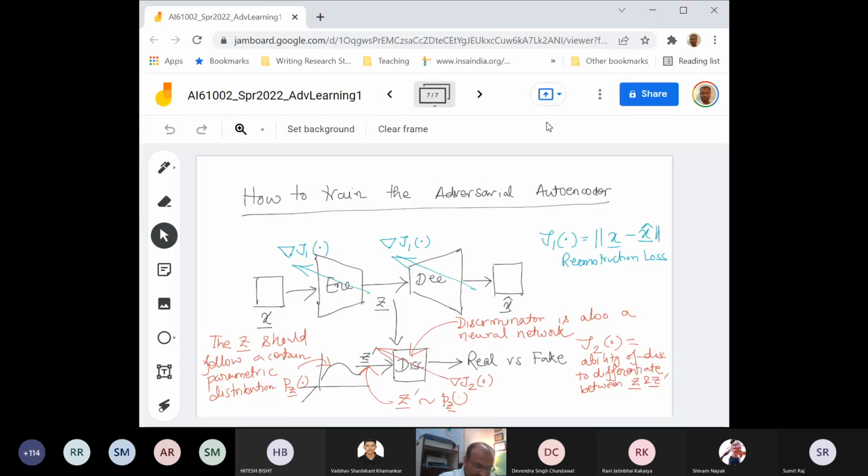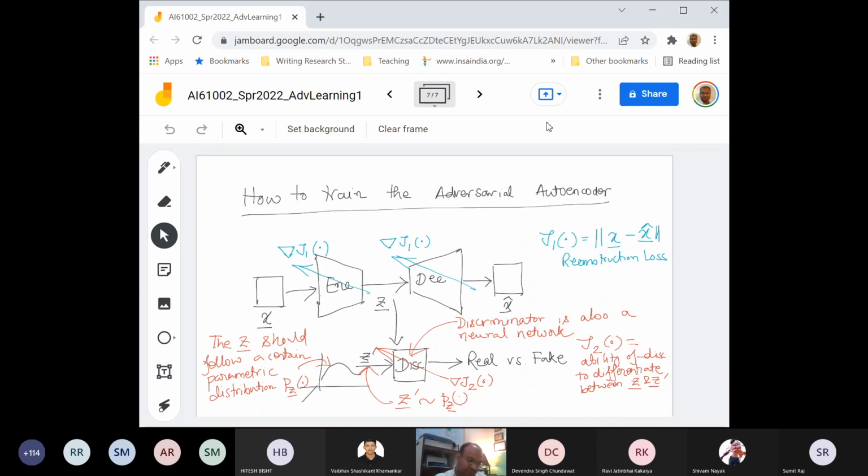While J2 gets minimized, I also have an objective: can I modify my encoder and decoder in a way such that it starts generating a Z which mimics Z prime?